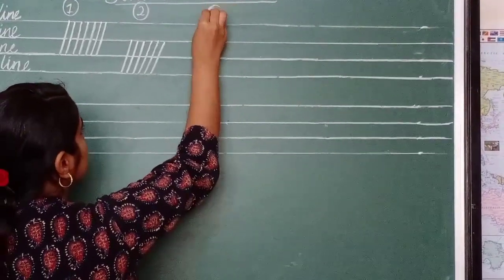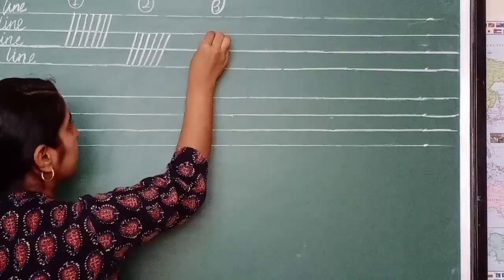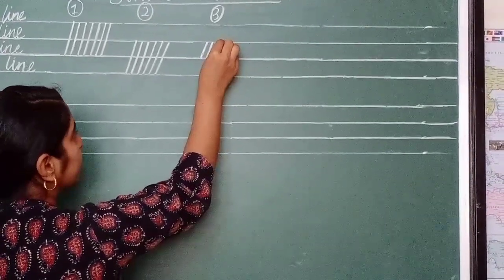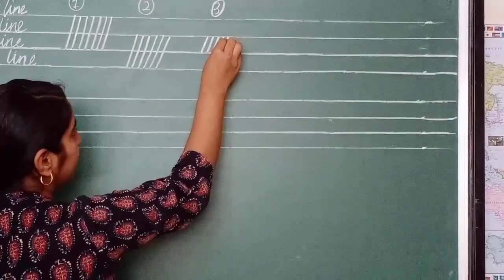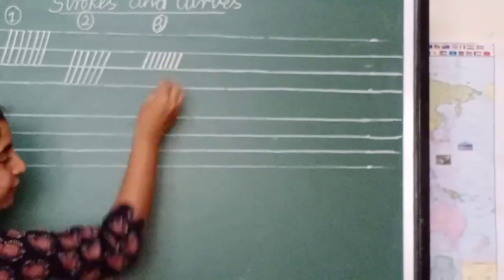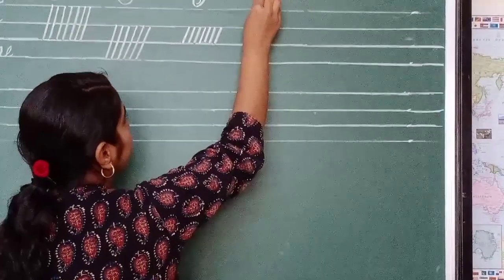Third stroke is middle line to base line. Practice makes a man perfect. How much you practice the strokes and curves, that much your handwriting will be perfect. Fourth stroke.